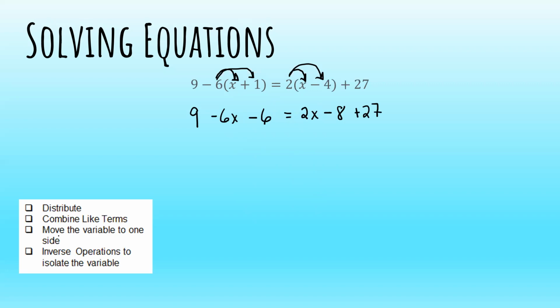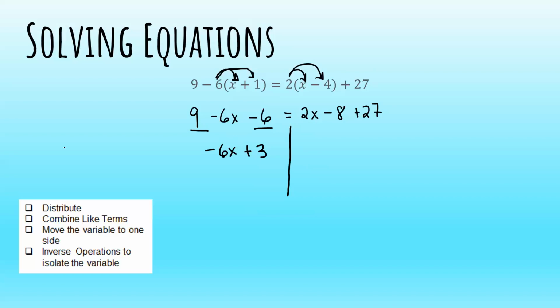All right, now we want to combine like terms. Here we go. On my left side, we have like terms, which are the 9 and the negative 6. So I have a negative 6x here, but when I combine 9 and negative 6, that gives me a positive 3. Do you have to write it in this format?